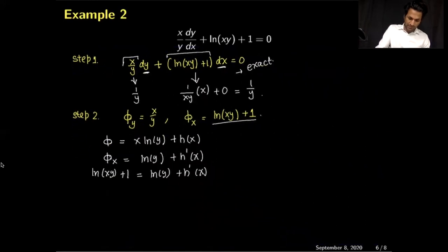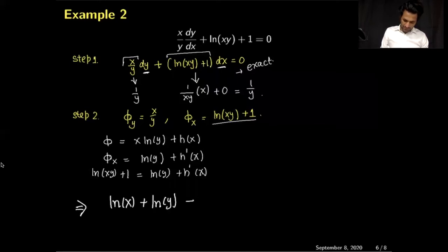After simplifying the left and right hand sides, I will use the property of the natural log, the product rule, so natural log of x plus natural log of y plus 1 is equal to natural log of y plus h prime of x. As you can see now, this term will cancel out.